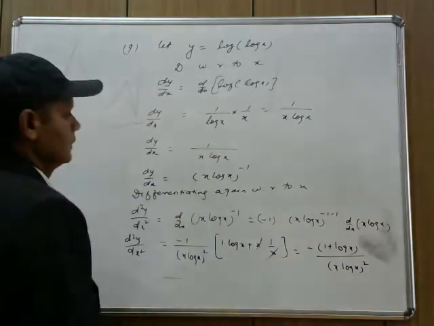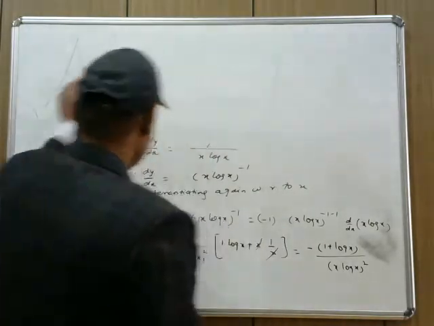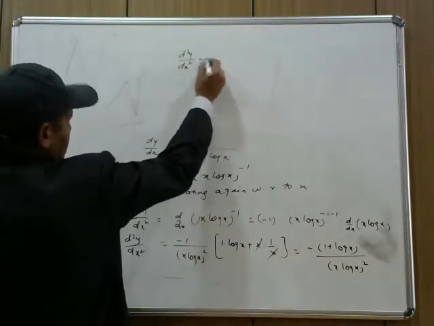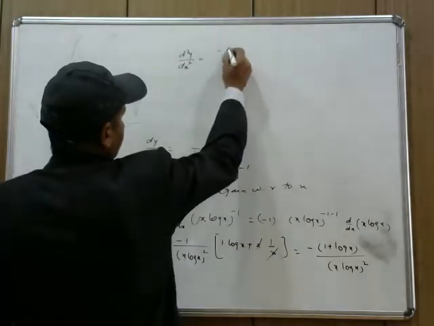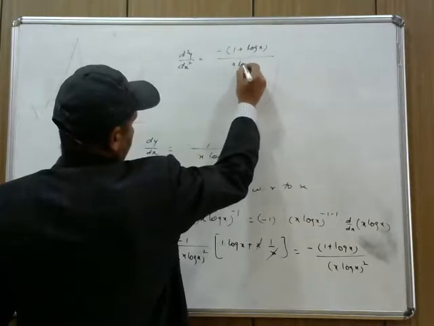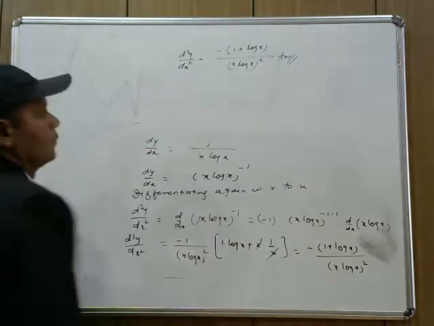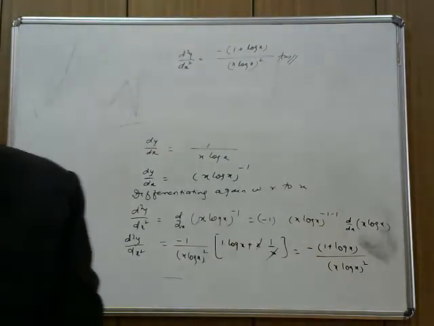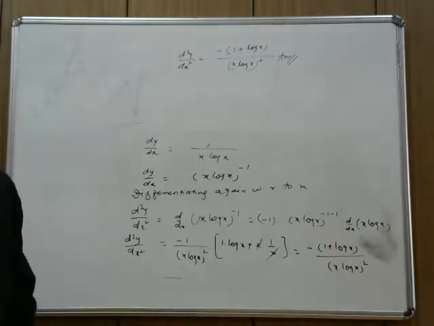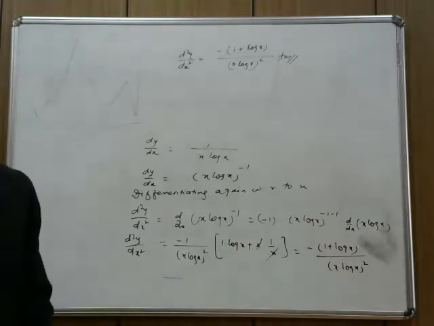And therefore the final answer will have d2y by dx square is equal to minus 1 plus log x upon x log x whole square. Right? This is the answer of this question 9th.